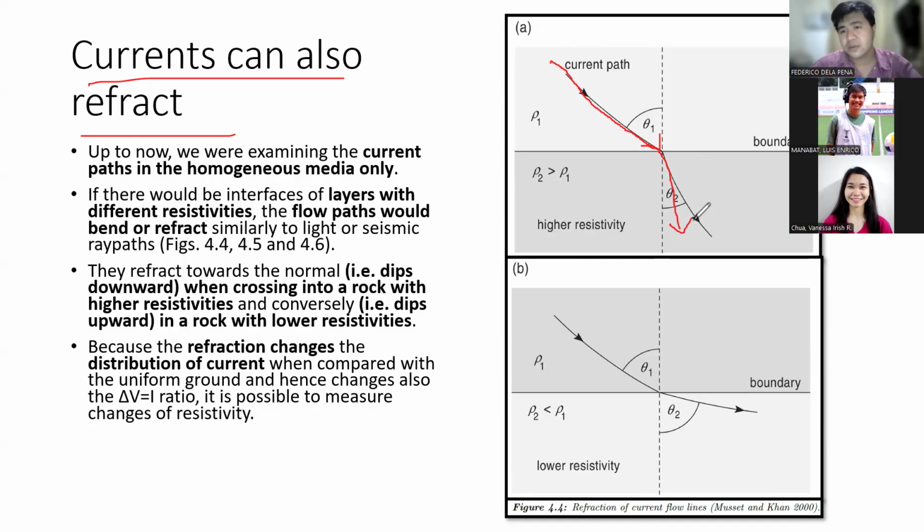So just remember, higher resistivity, the steeper the resulting dip of your current. On the other hand, if you're going from a higher resistivity to a lower resistivity boundary, the inclination of your current will become more gentle, right?